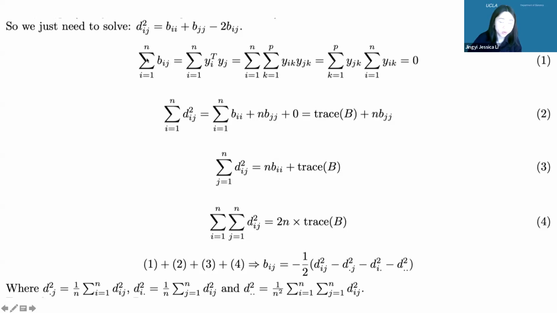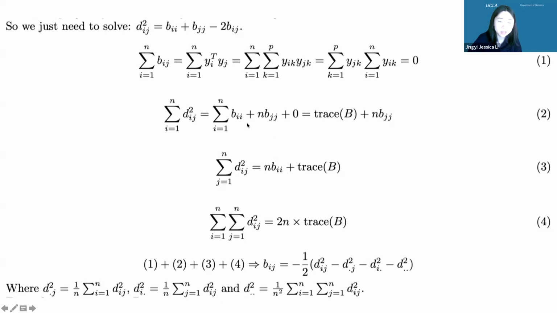Because of this, we can show that for the B matrix, if we fix j, the sum over i from 1 to n of Bij is 0. Then if we take the sum of Dij squared over i, we can show it equals the trace of B, the sum of diagonal elements of B, plus n times Bjj.